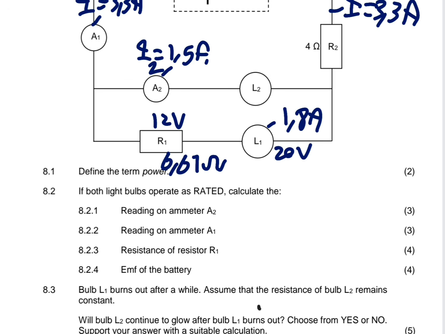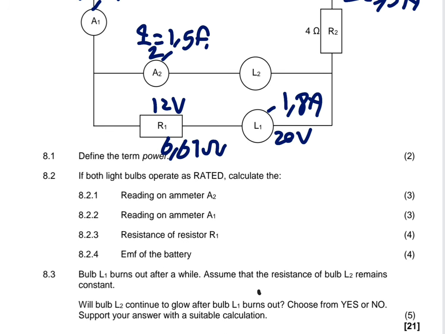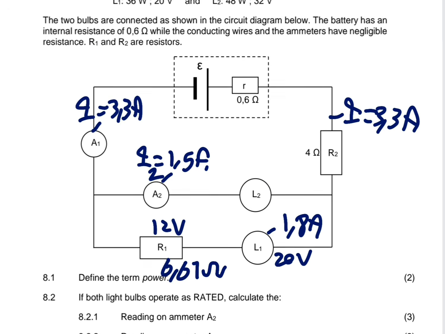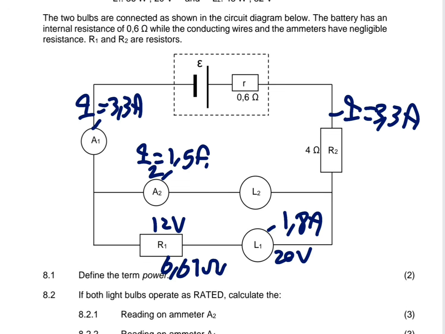Okay, now they ask us to calculate the EMF of the battery. Remember what we said. EMF is the total power supplied by the battery, but the one distributed across the circuit is not the total EMF. Why?